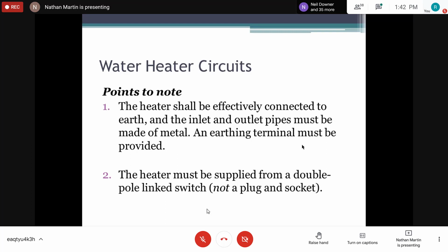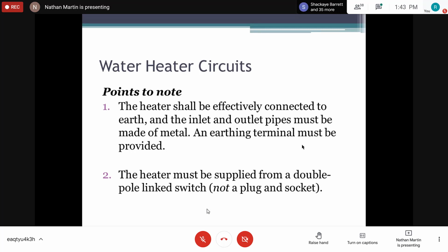And that is why when you look at an electric water heater, where you make the connections to the water heater, they would have used a galvanized fitting, right? An earthing terminal must be provided, meaning that the water heater will have an earthing terminal where the connections are made. Heater must be supplied from a double pole link switch, not a plug-in or socket.